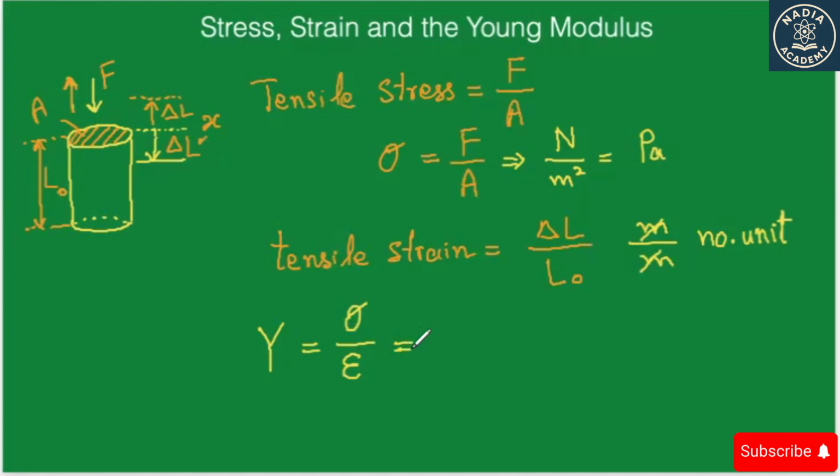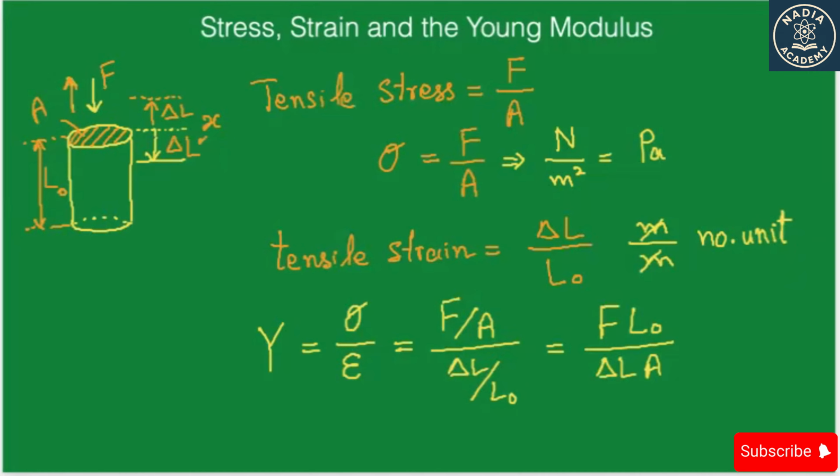Now let's put these values in. The tensile stress is force divided by the cross-sectional area, divided by the strain, which is the change in length divided by the original length. This is rearranged as: the force times the original length, divided by the extension delta L times the cross-sectional area of the system.